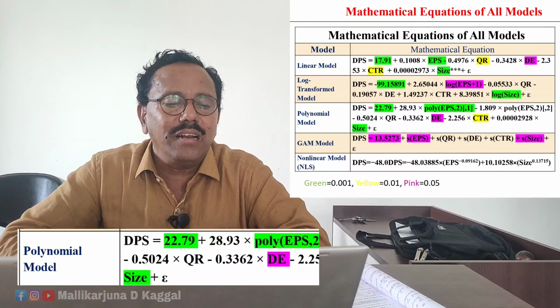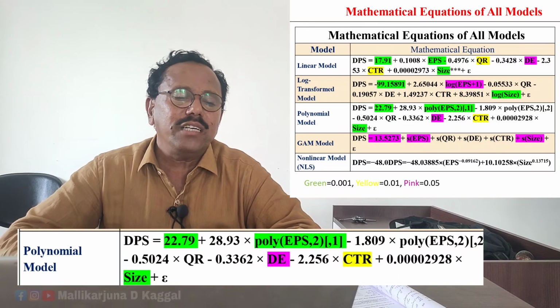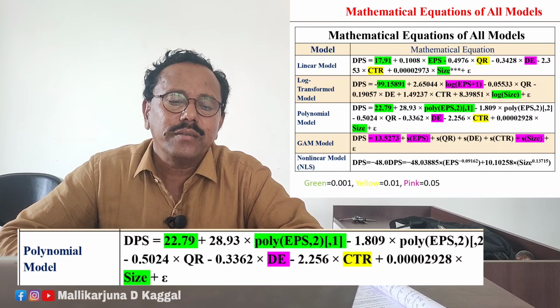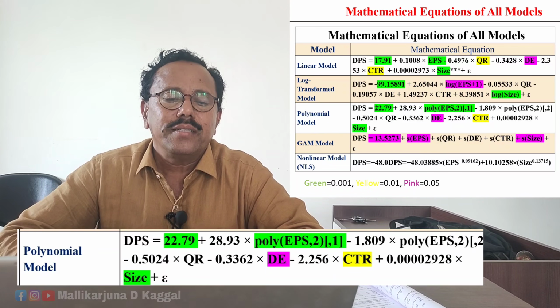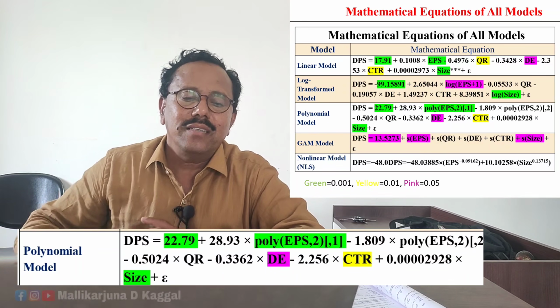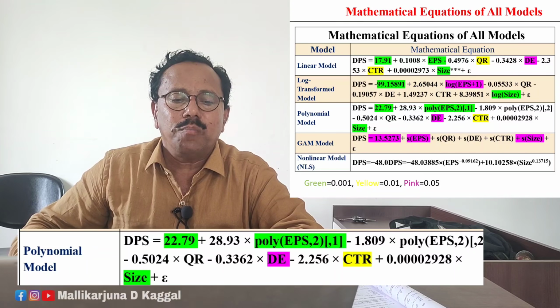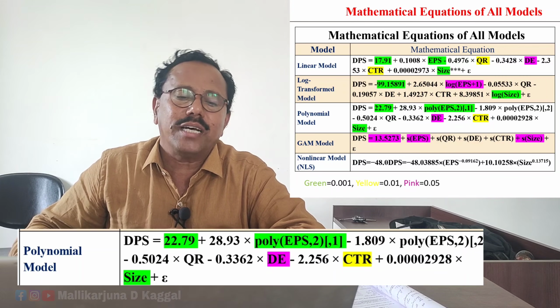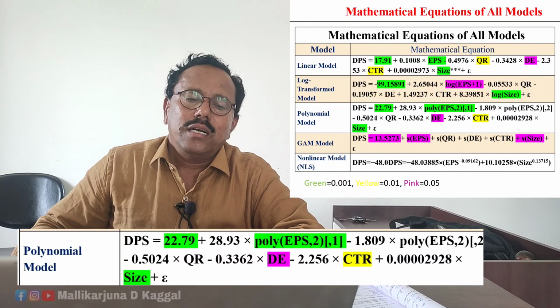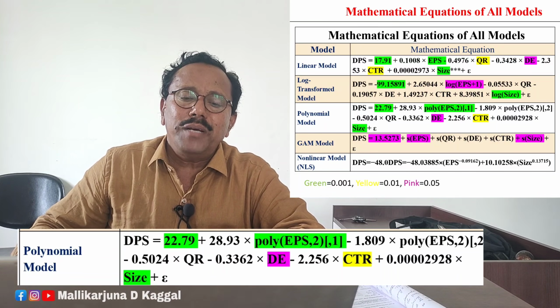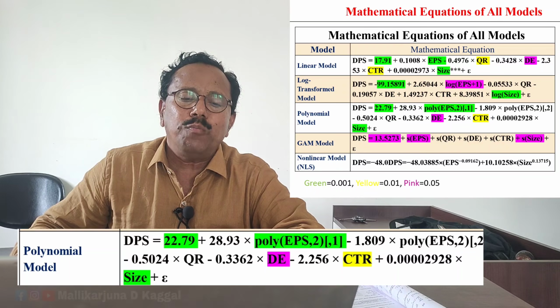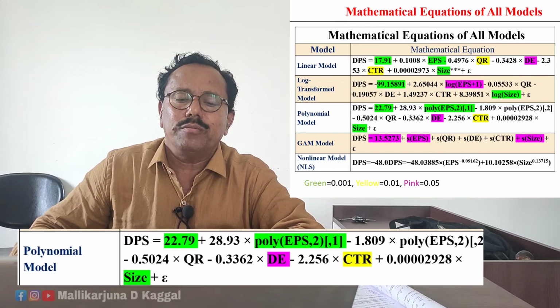Like that, polynomial mathematical equation we have used, then with the result we got from our software. This is 22.79. Again it is an intercept. It is positively contributing when the contribution of your independent variables is 0. Now polynomial EPS is also contributing to the extent of 28.93 to the dependent variable.